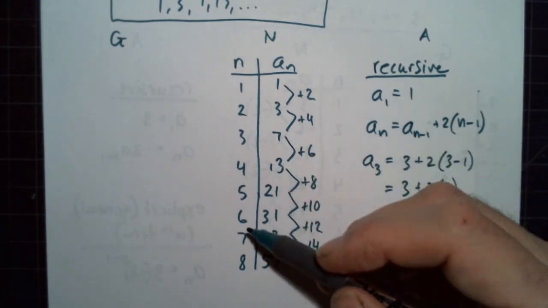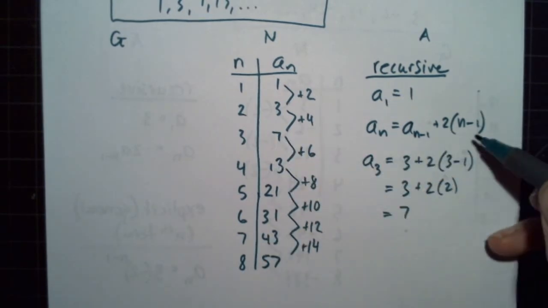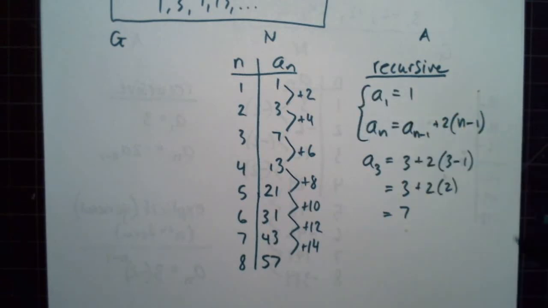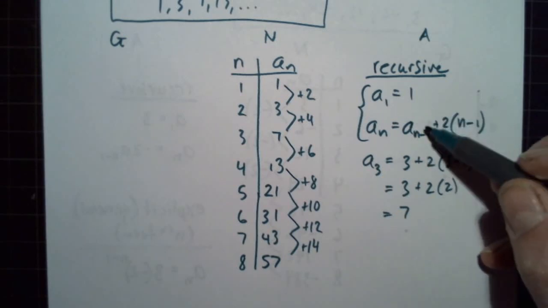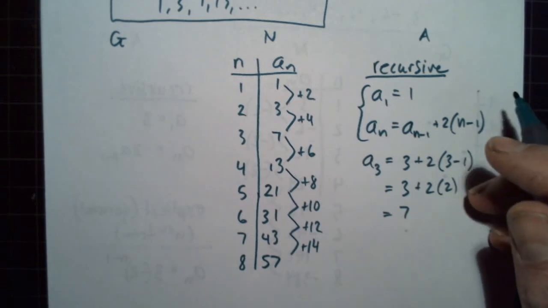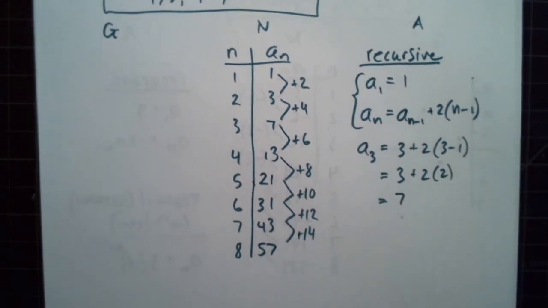And we can check more of them to see that that works. So that's all we need to know for recursive, and this takes some practice to learn how to create this. So if you can't create that on your own, don't worry about it right now.